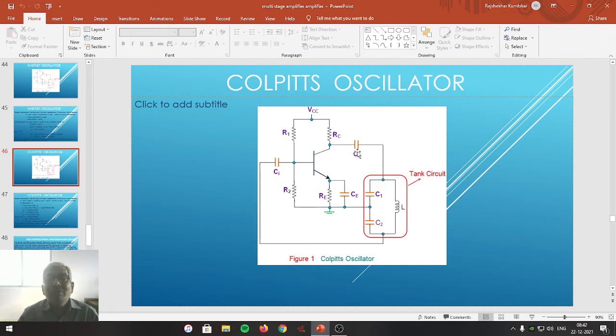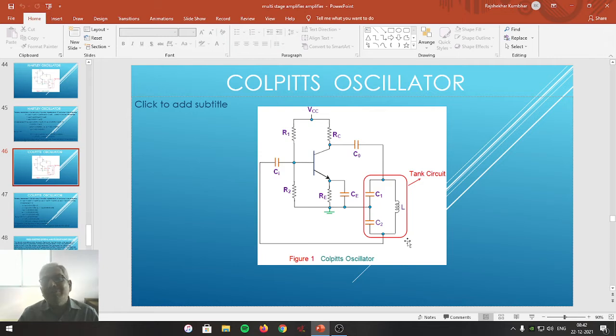Here, if a radio frequency choke coil is connected as a load, its role is to protect the BJT from short circuiting current, and it doesn't allow high frequency current to pass through it. So that's why in the field of communication, this RC is replaced by a radio frequency choke coil. Friends, this is the construction of the Colpitts oscillator.